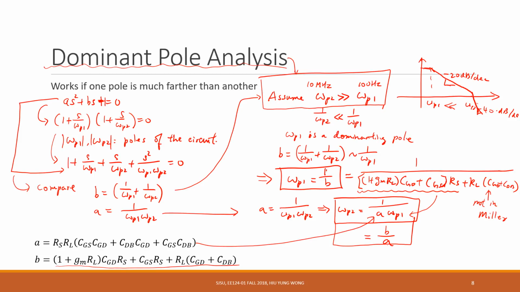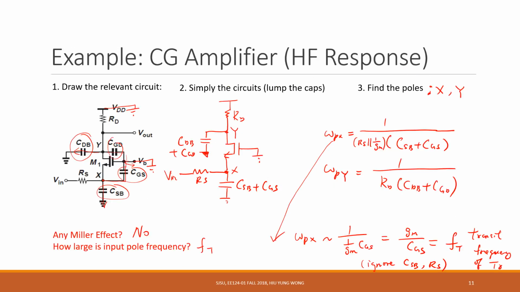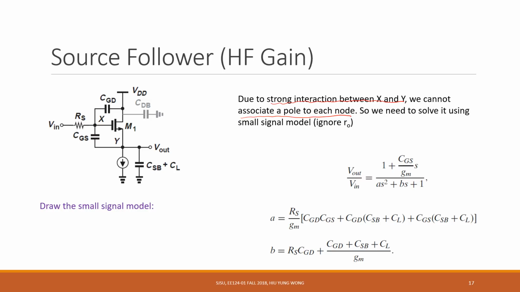You see, we have RL, CGD, CDB. Same for the source follower, but because of the way it operates, we cannot treat it in this way. We need to solve the small signal model. Okay, so this is the main message I want you to take home. Some circuits cannot be solved by the method we use, so you have to be very cautious. Try to solve the small signal model yourself.